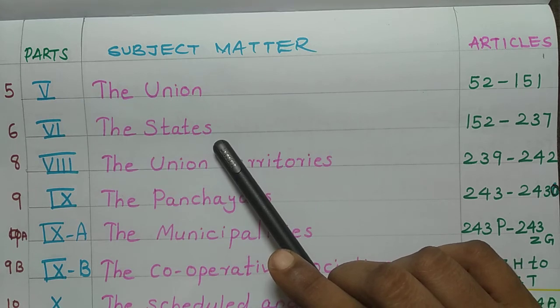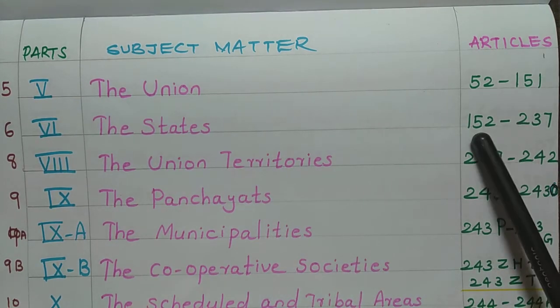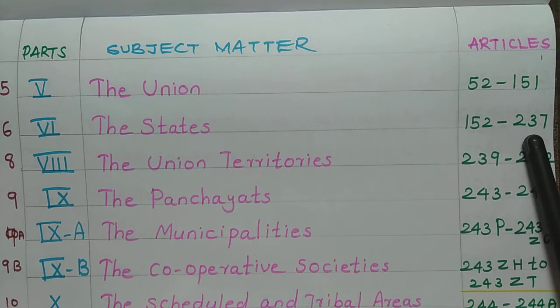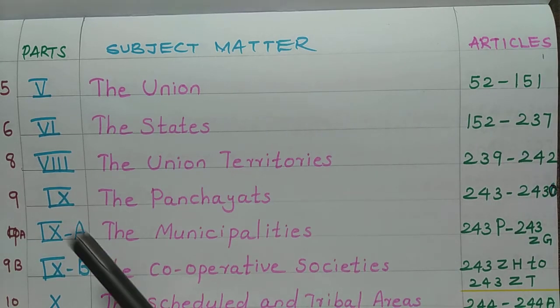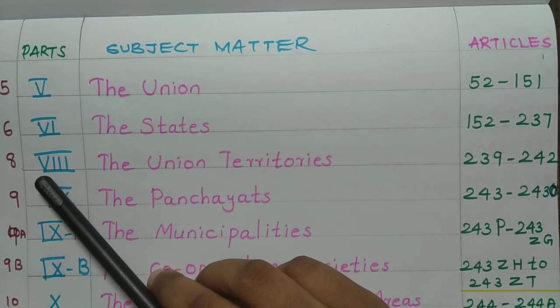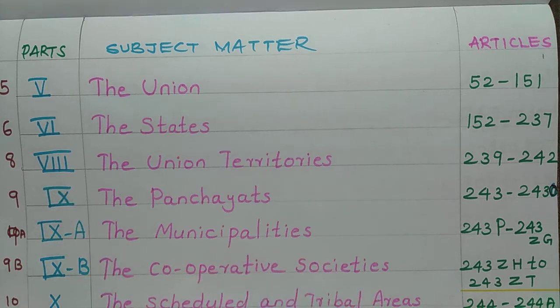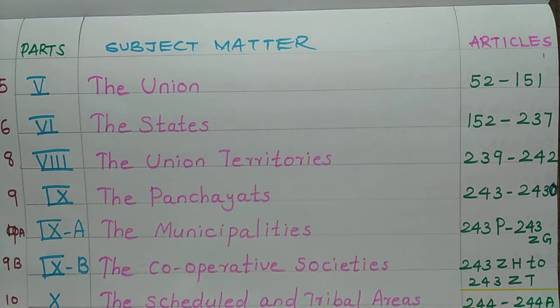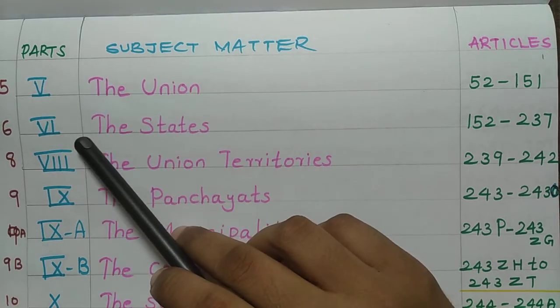Part 6 includes the states, and the articles are 152 to 237. Part 7 is deleted because Part 7 was dealing with the Part B states and was deleted by the 7th Amendment Act of 1956. So I have not mentioned it here.